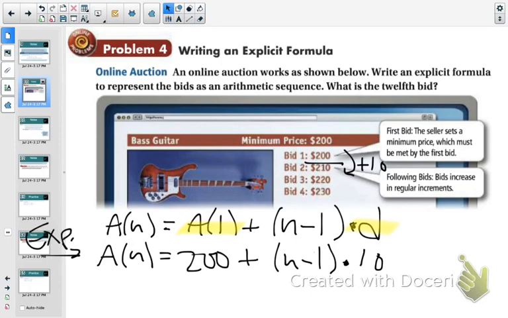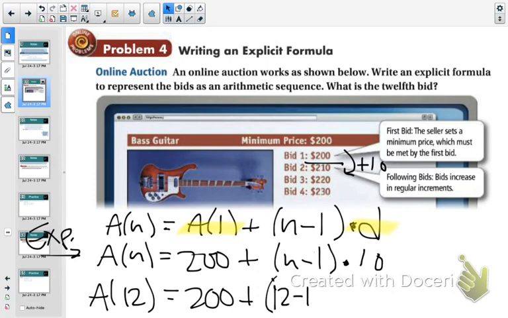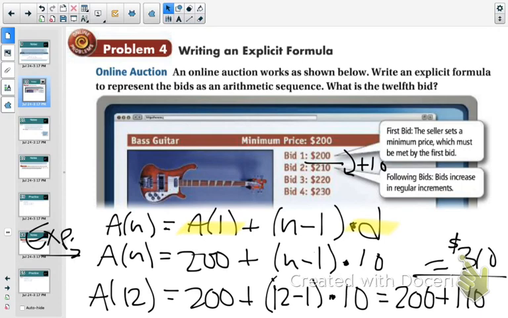Okay, if we want to find the 12th bid, I just need to plug 12 in for n. So a of 12 equals 200 plus 12 minus 1 times 10. 12 minus 1 is 11, so 200 plus 11 times 10 is 110. So the 12th bid is going to be 310 big ones, smackaroos.